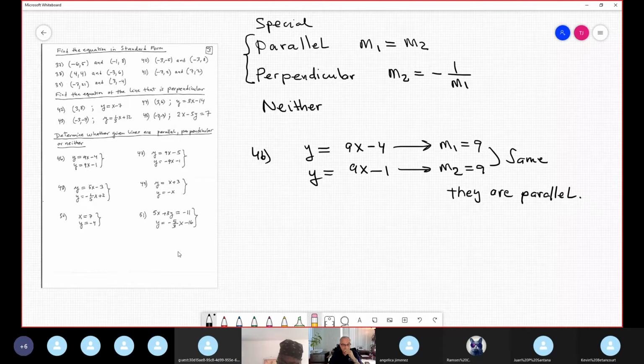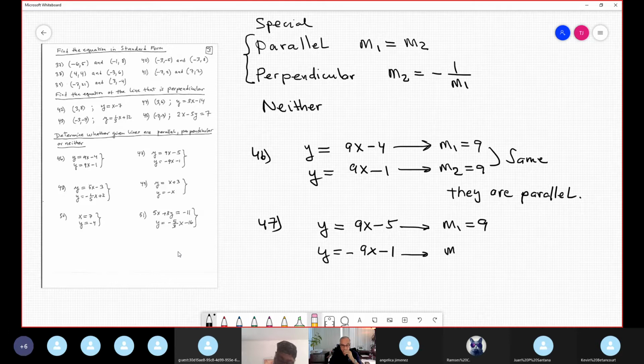47. This is tricky. y equals negative 9x minus 5, and y equals minus 9x minus 1. Again, similar. The slope of the first one is 9, but the slope of the second is negative 9.